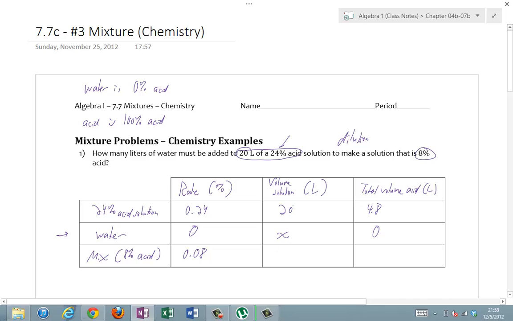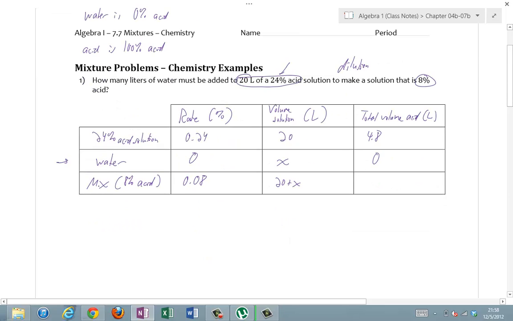Then we're going to add these two to get 20 plus x, which is the total amount of the mix, because it's going to be 20 plus whatever water we add. And finally, we've become a big fan of this in the last segment, split the cell. This times this is going to be equal to this plus this, and just go ahead and solve.